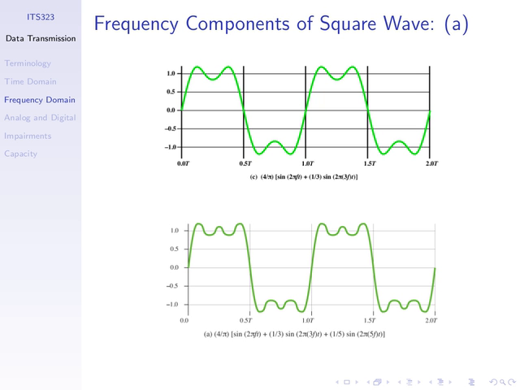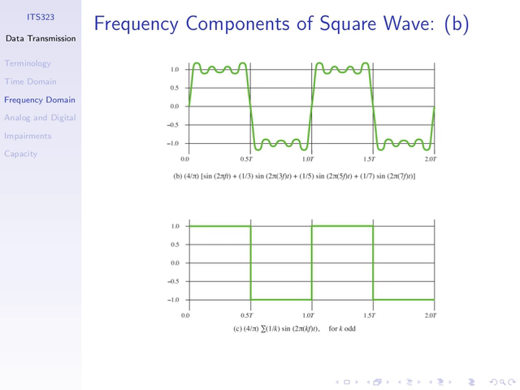We had something like 4 over pi times sine 2 pi ft plus 1/3 sine 2 pi 3ft. That's this one. This has two components. This one has a third component. 1, 2, 3. Here's the shape. The top one has two components. The second one has three components.